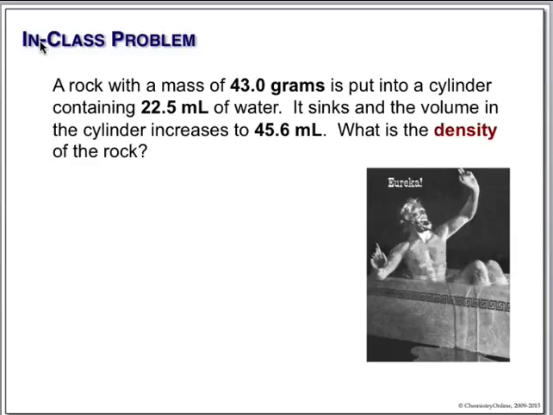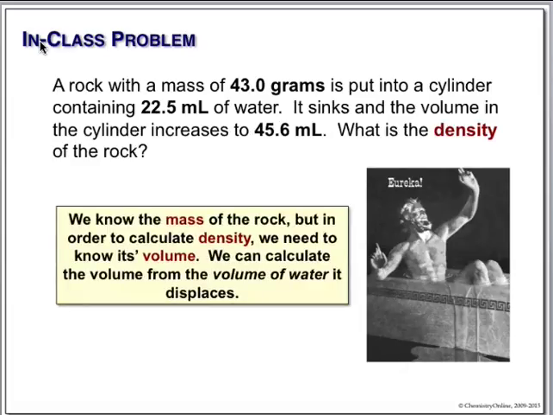And when that happened, he jumped out of the tub, yelled "Eureka!" and supposedly ran through the streets naked, saying, "I got it." So what he did was the same thing, just dropped the crown in, measured the change in volume, and determined that the goldsmith was indeed crooked, and of course they killed him.